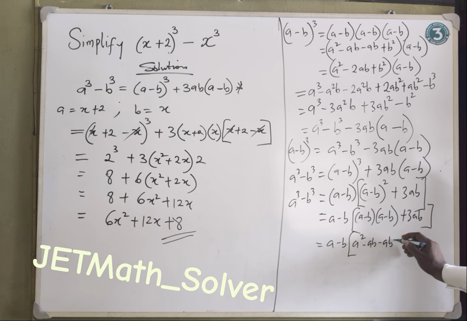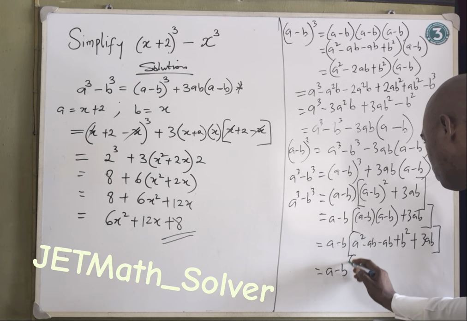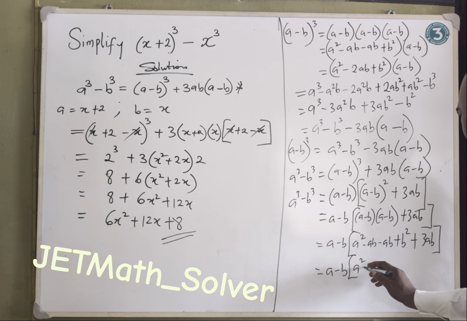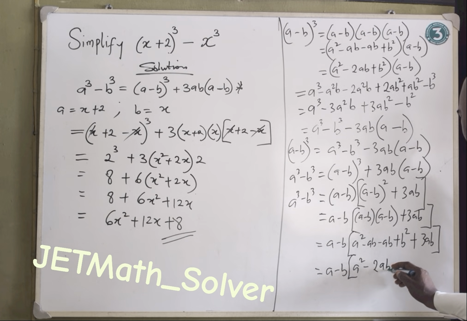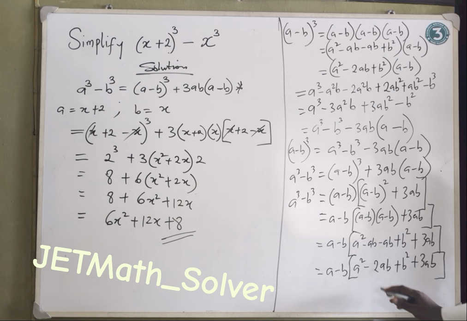Then minus times minus will be plus b times b, that will be b squared, plus 3ab. Now, a − b into brackets of a² − 2ab + b² plus 3ab.